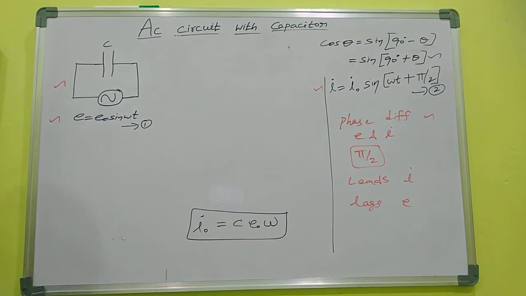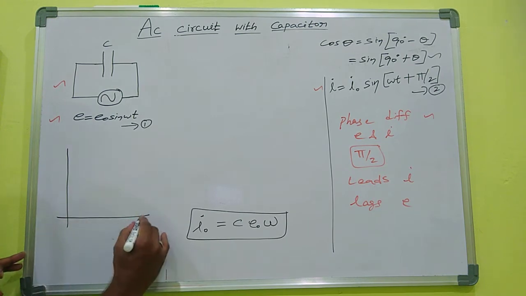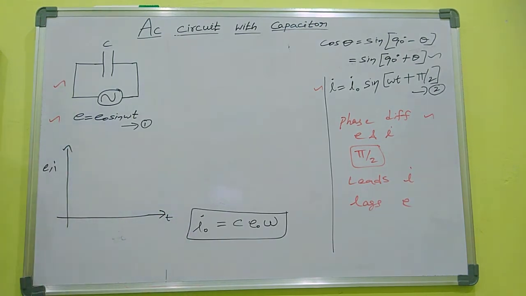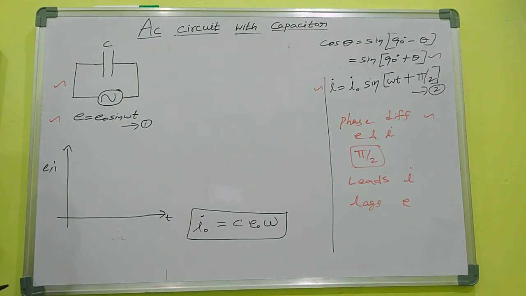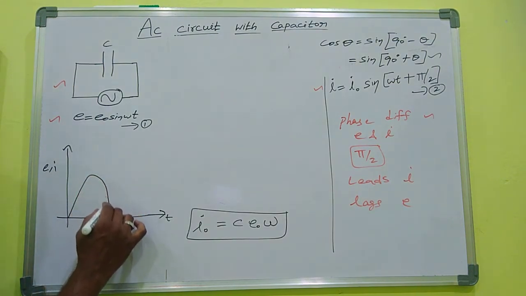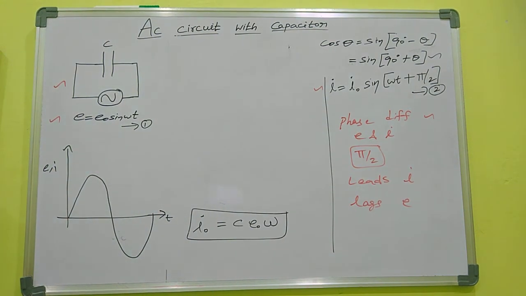The wave diagram: x-axis t, y-axis e, comma I. First I draw the wave, EMF wave, sinusoidal wave for EMF. Instantaneous value of EMF. The waveform is like this, yeah, correct. Okay.